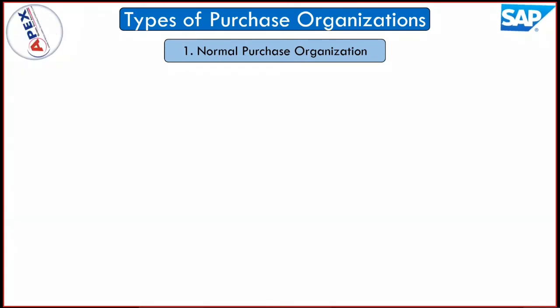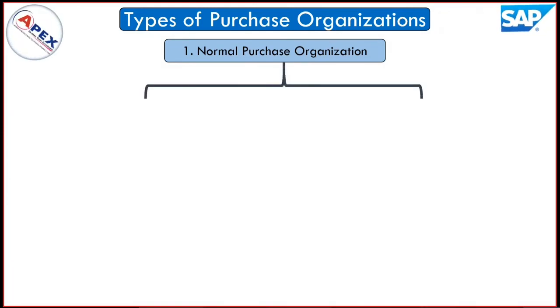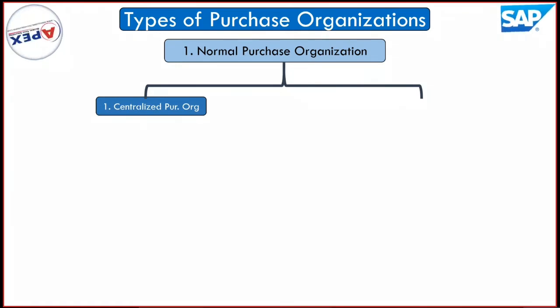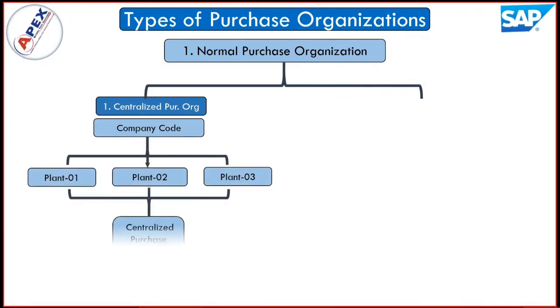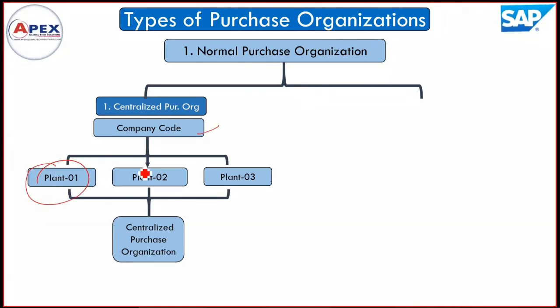So next, we'll see what types of purchase organizations we have. First, we have normal purchase organization. In normal purchase organization, we have two types. One is centralized purchase organization. The name itself indicates it. Suppose we have a company code with three plants.